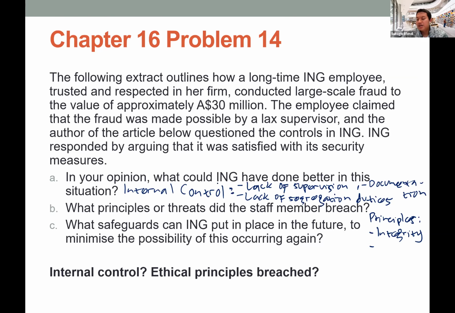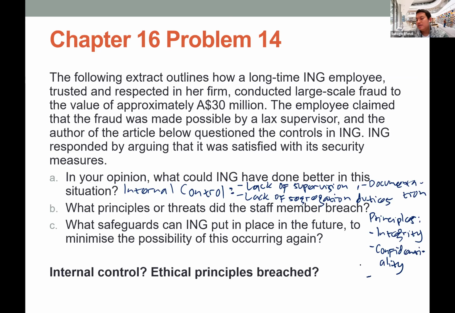And then we also have a problem with confidentiality, because this employee used other employees' access, passcodes or login information.